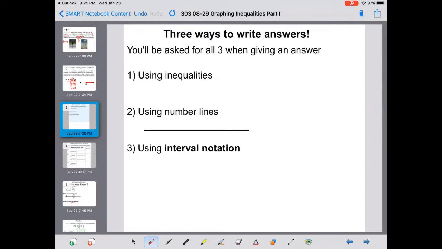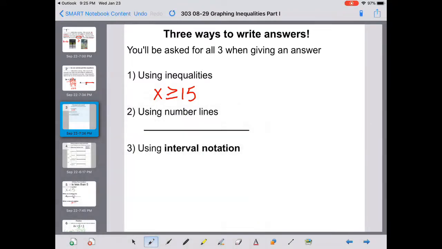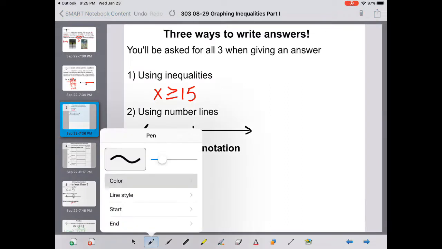So in addition to those 2 ways to write answers, we have a third way called interval notation. So let's look at all 3 ways again. We have the symbols x is greater than or equal to 15. We have our number line, where we have a circle filled in over our 15.